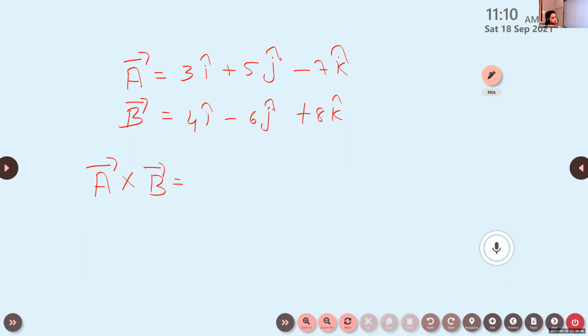I think her network connection is not stable. Okay, then Jewel. Ma'am, negative 2I plus 4J plus 38K. Is it right?